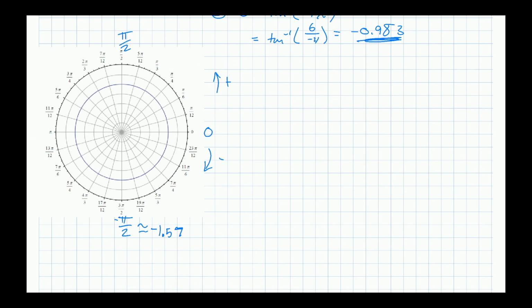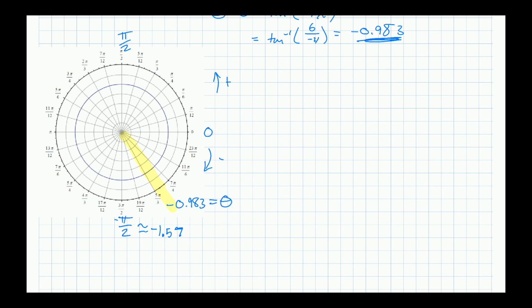It's hard to get it exactly right, but somewhere in this range is where negative 0.983 is, because you have 0 here and negative 1.5 here. So it's in between and it's about there. That's where theta is, about there.